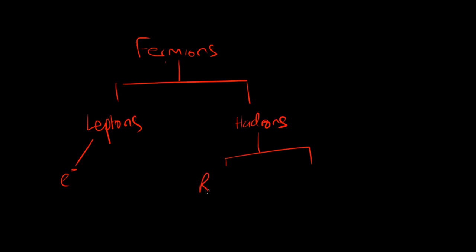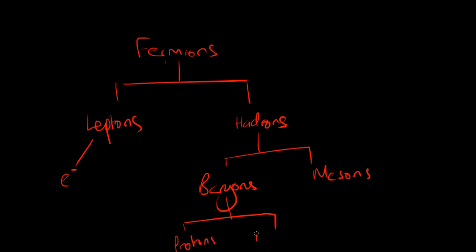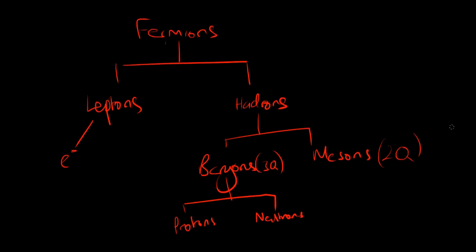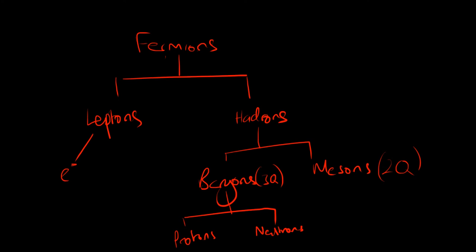You'll have baryons and you'll have mesons. Now baryons are the triplet quark particles, and you'll have your protons and your neutrons over here. And the mesons are 2 quark particles. This is 3 quark particles. But you don't need to know that for any of your exams, I hope, in the future. But that's just some extra information that you might want to have a look at.